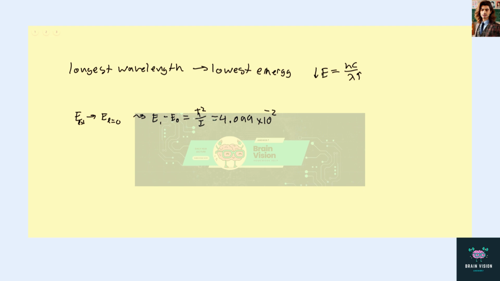Oh, sorry, that is joules. And you can calculate the wavelength by hc over E, or delta E in this case. And the wavelength is 4.85 micrometers.